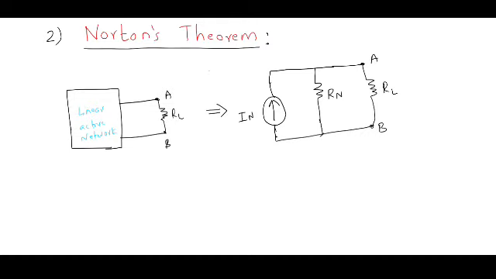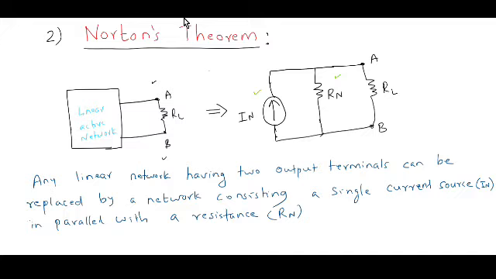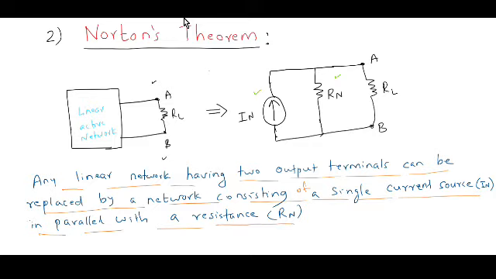Okay, that is, any linear network having two output terminals can be replaced by a network consisting of a single current source IN in parallel with a resistance RN.